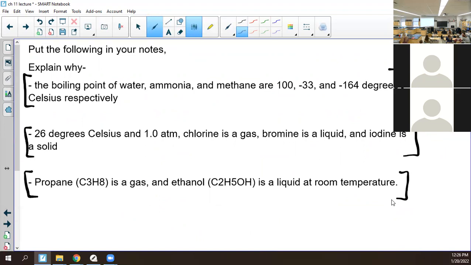The boiling points of water, ammonia, and methane are 100, -33, and -164 Celsius. Sorry, I don't know where 10 came from.